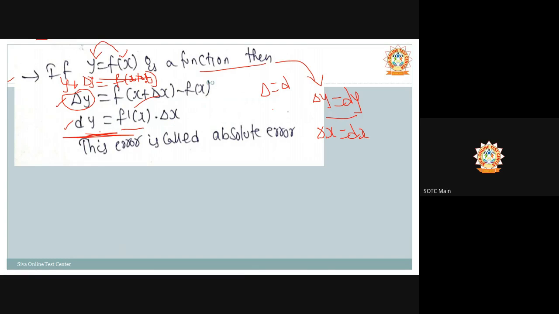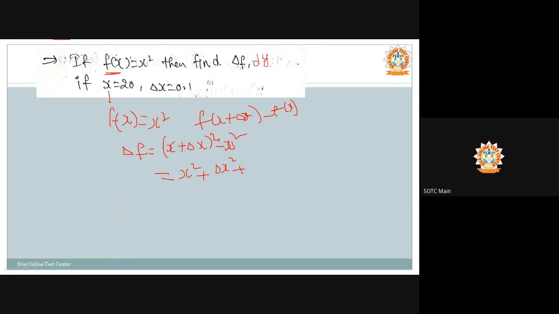So what is f of x plus delta x? f of x is x square, so simply in the place of x put x plus delta x, whole square, minus x square. Now expand using a plus b whole square: x square plus delta x whole square plus 2x delta x minus x square, right? So x square minus x square will cancel. Now you have delta x square plus 2x into delta x.